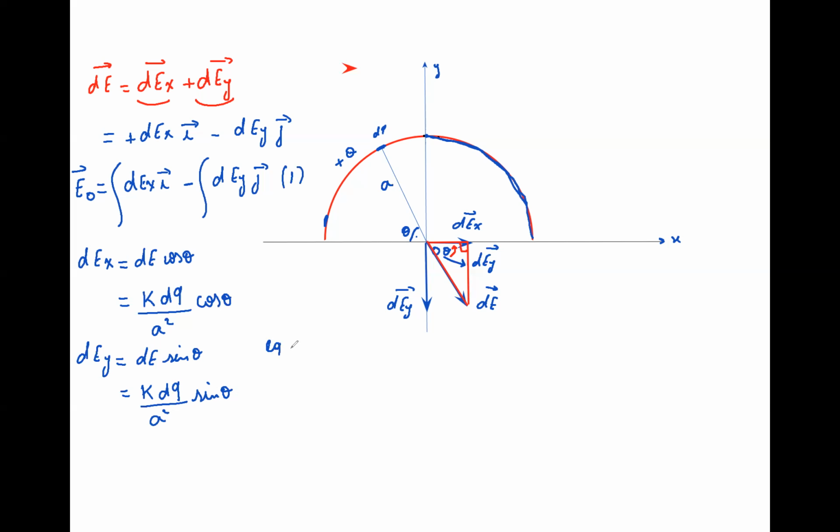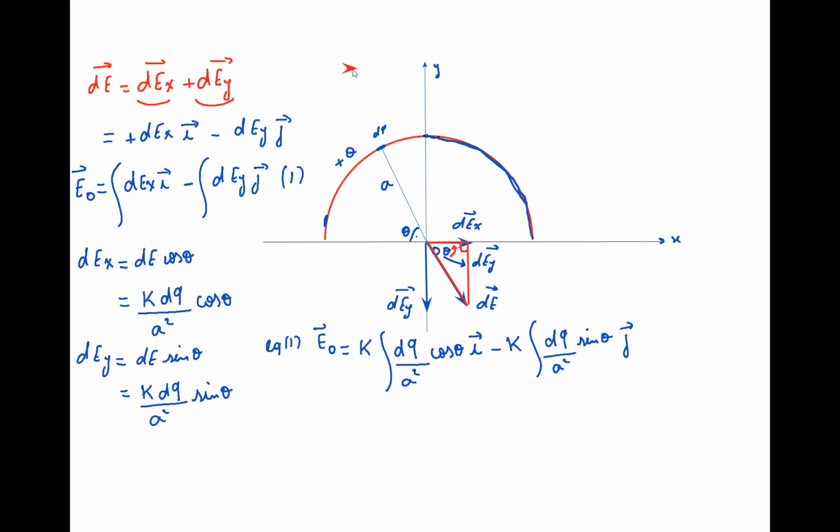So equation 1: E at the point O equal, we put K out, K integral dQ divided by A square cosine theta i minus K dQ divided by A square sine theta j.